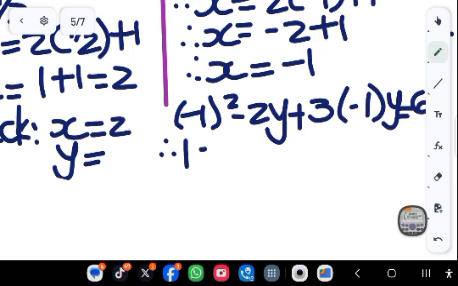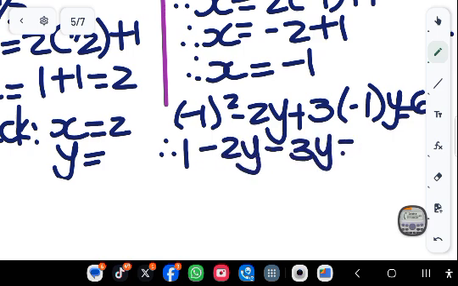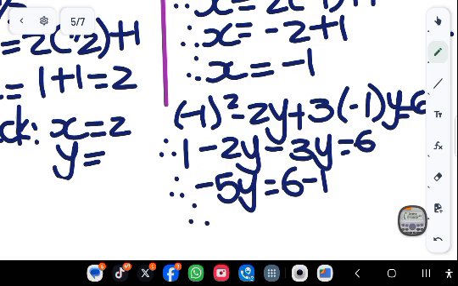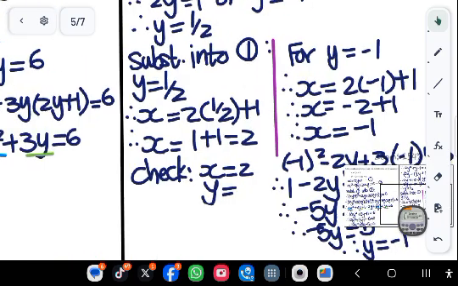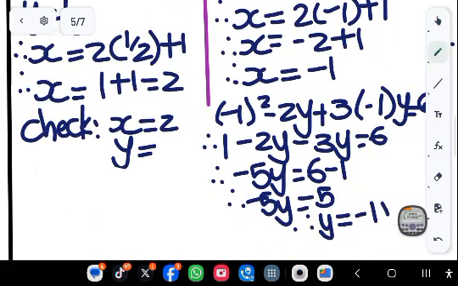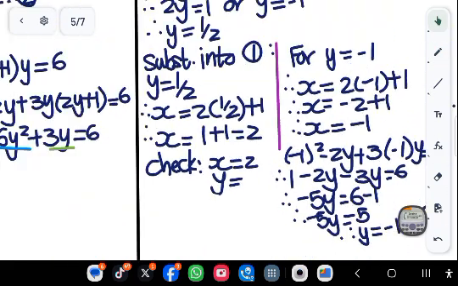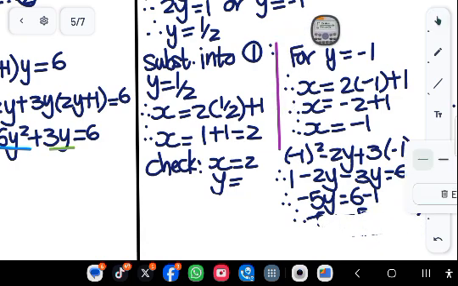Alright, let's see. 1 minus 2y minus 3y equals 6, so minus 5y equals 6 minus 1, minus 5y equals 5. Therefore, y equals -1. It checks out too. Alright, so now we've checked both and satisfied ourselves that they are correct.